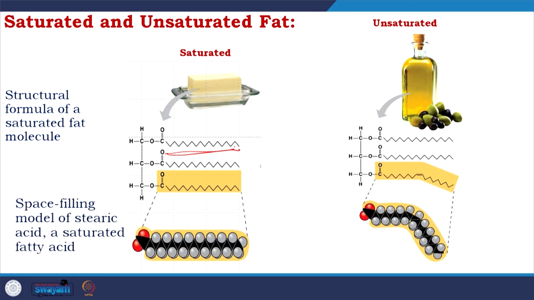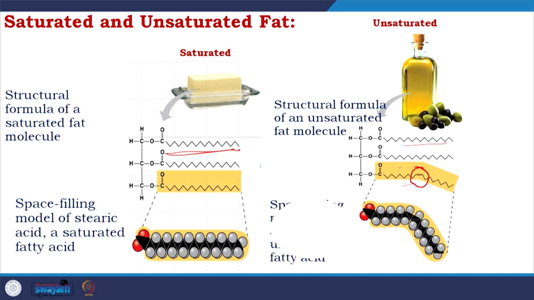And this is the space filling model. These are representing stearic acid. Here you see both saturated and unsaturated. You will see the double bond, and because of the presence of the double bond, it is unsaturated, but more interestingly you will see a kink there.